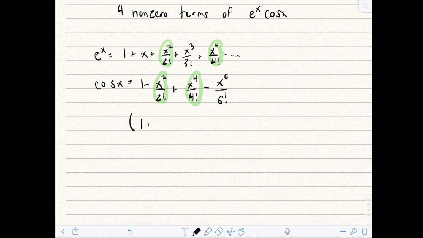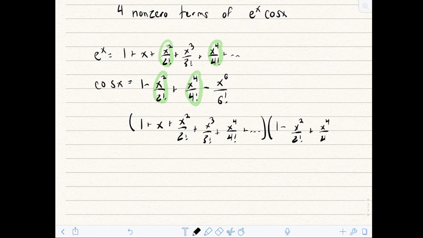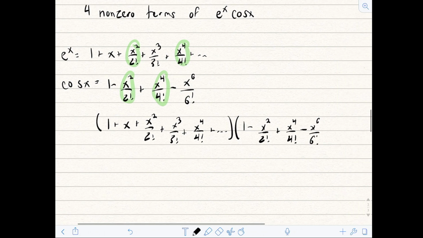So we're really doing 1 plus x to the second over 2 factorial plus x to the third over 3 factorial plus x to the fourth over 4 factorial plus dot dot dot, close parentheses, and then times 1 minus x to the second over 2 factorial plus x to the fourth over 4 factorial minus x to the sixth over 6 factorial, and so on and so forth.